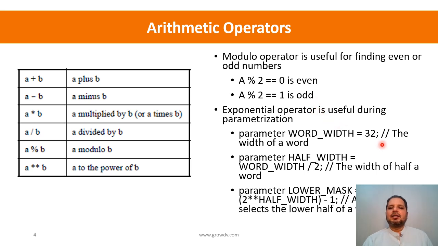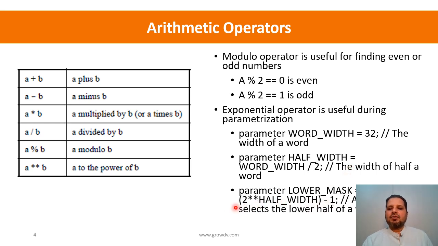And the exponent operator is also helpful for the parameterization of your design. For example, I could say the total word width is 32, half width is width divided by 2, which is 16. If I want to extract only the half of the word from a 32-bit, I want to generate a mask for it, then I can say 2 exponential of half width minus 1.